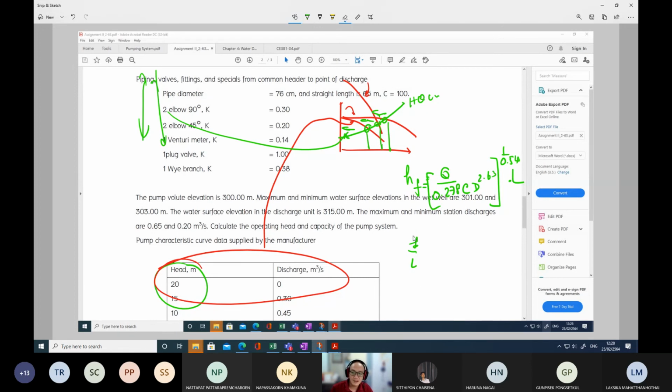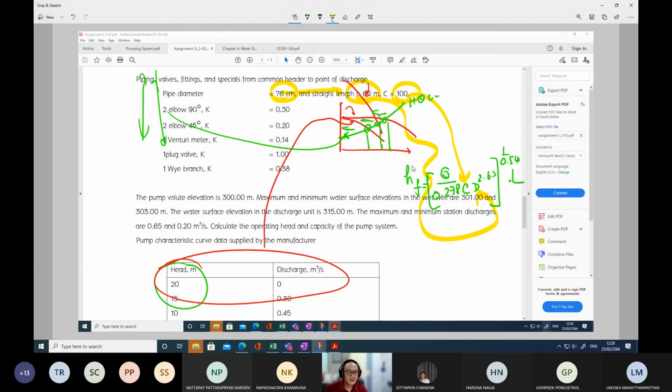Then we take L to the other side. So just substitute Q at various flow rates in order to get the loss. C is already given, so substitute it in here. D, this one is the diameter. Sorry, D is this one. So just find out the curve like this, then you will be able to answer the question.